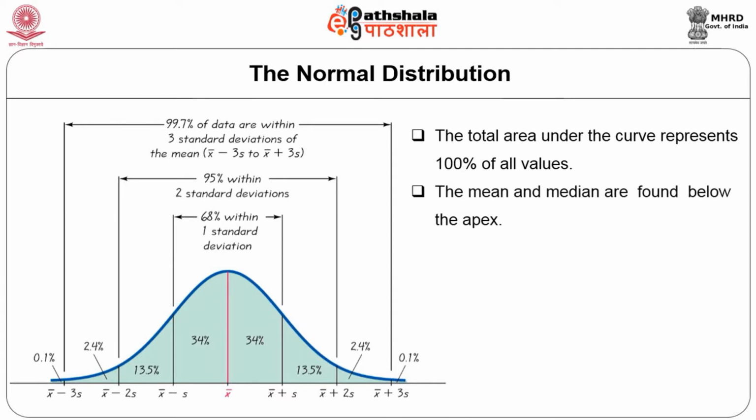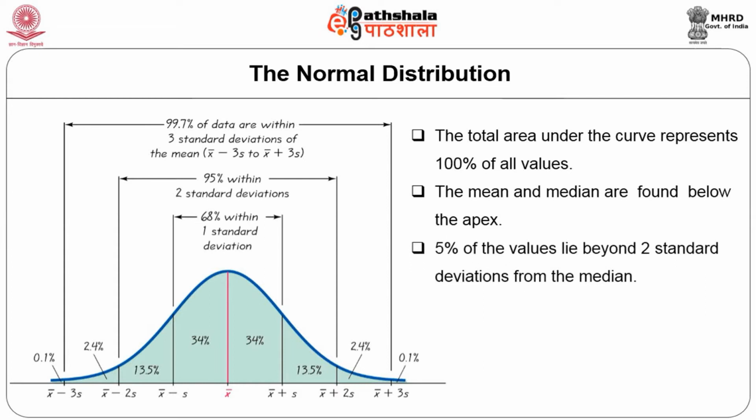The mean, median, and mode are found below the apex, and 5% of the values lie beyond 2 standard deviations from the mean, and 99.7% of the data will lie between mean plus or minus 3 SD. If the data you generated has these characteristics, then we say it is a normal distribution. If you put it in a graph, it will look exactly like a bell shaped curve.